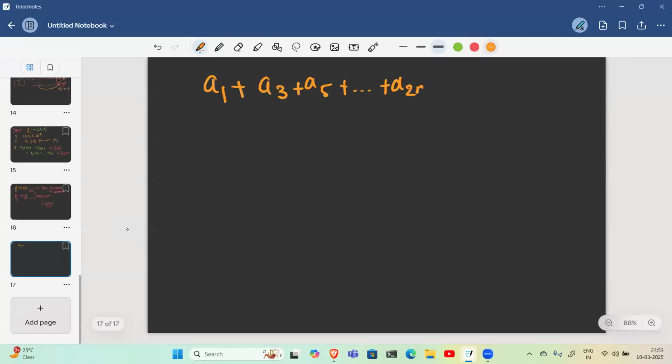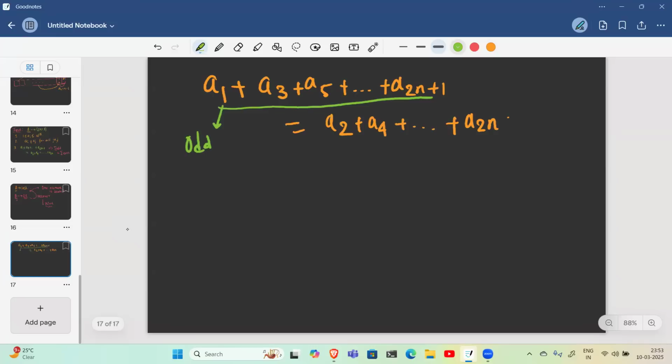This sum is basically equal to A2 plus A4, and it goes on till A2n. Look at this sum: it is the sum of all integers at odd indices. A1 is at index 1, so that is an odd index. All of these are odd indices, and all of these are numbers at even indices.